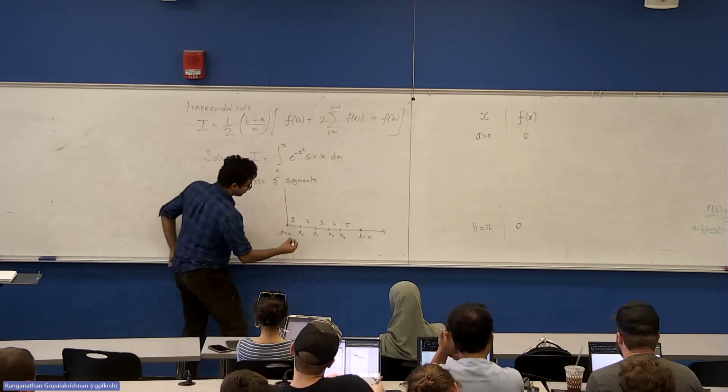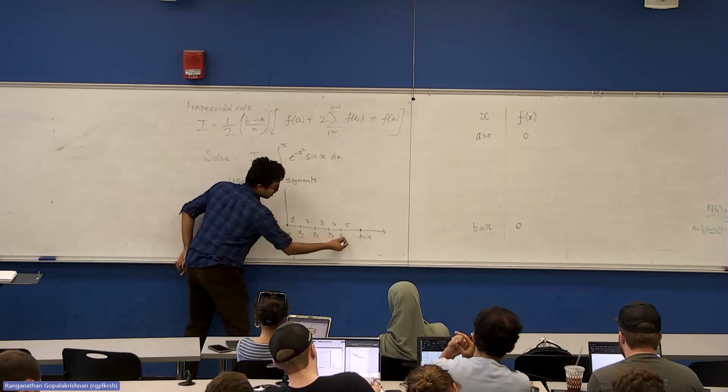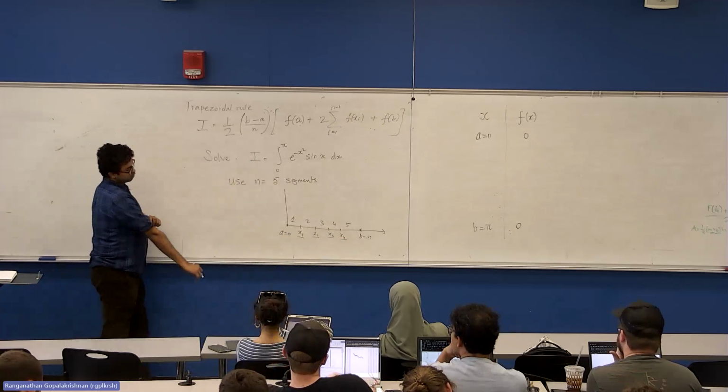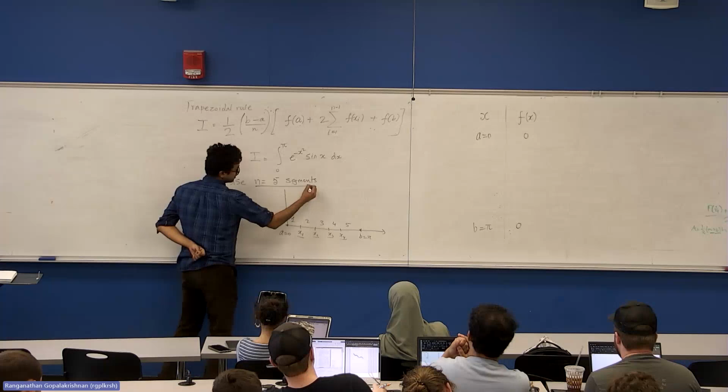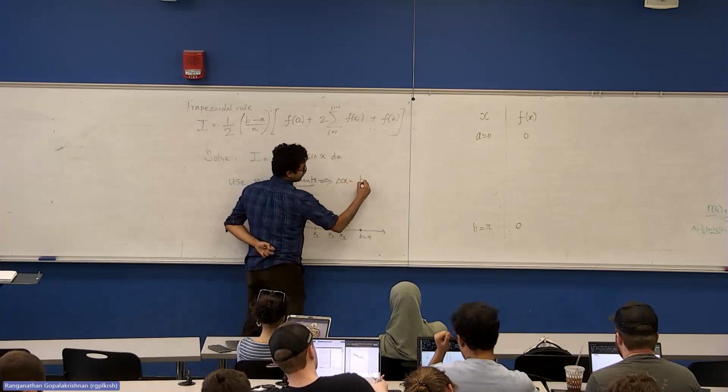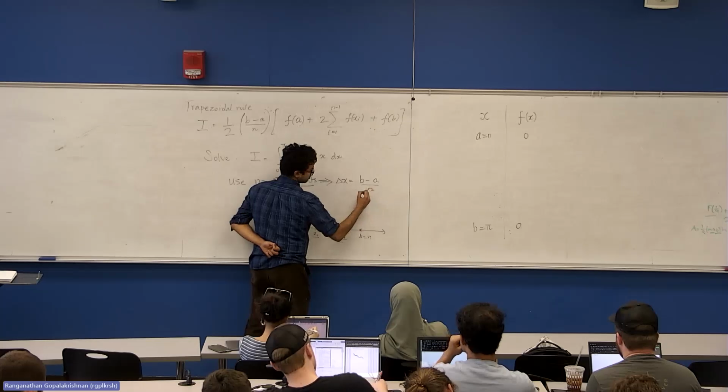And then you need to compute these intermediate points. This is where a lot of people don't do this correctly. So what you want to do is understand 5 segments, which means each segment is 1/5 of the range.